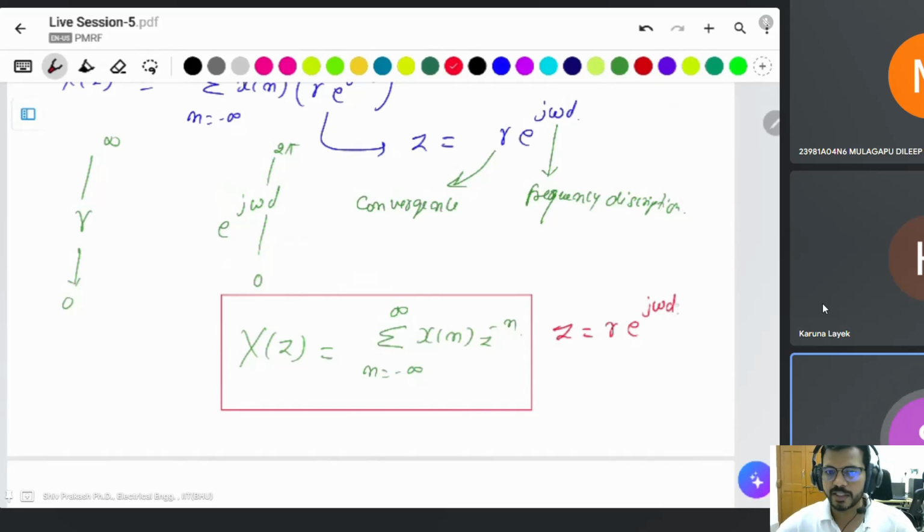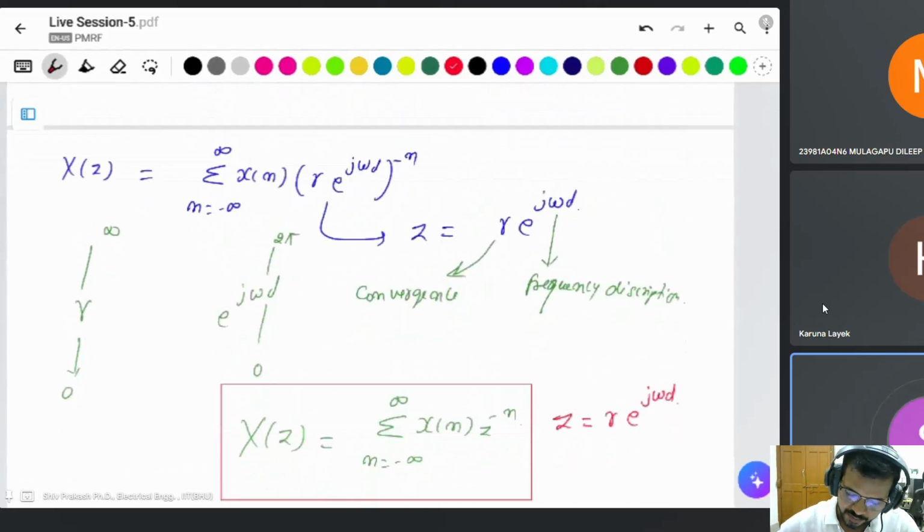Omega d is the discrete frequency. Discrete frequency varies from 0 to 2 pi, because all of them are in a circle.